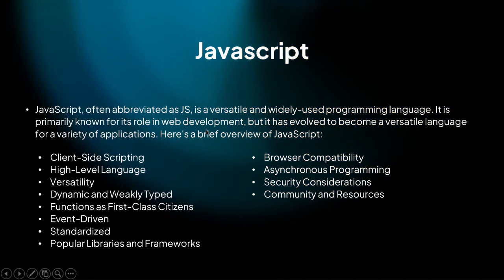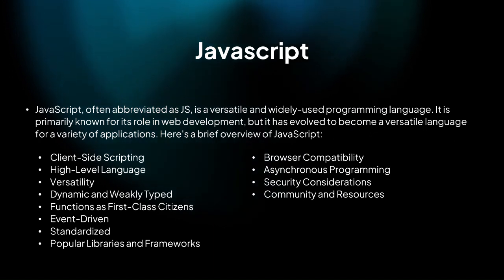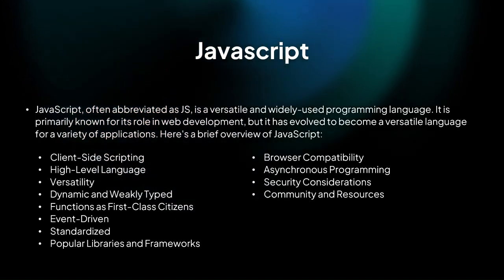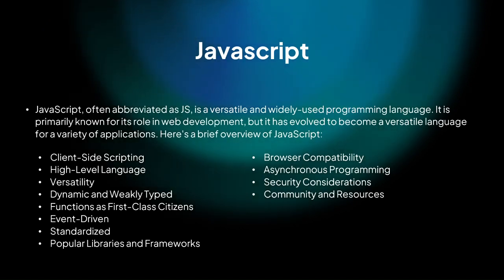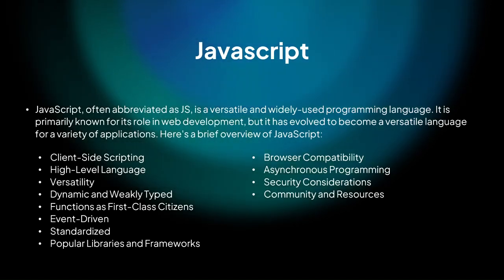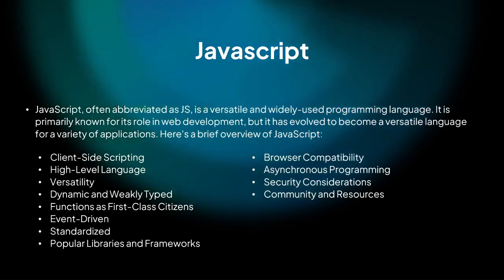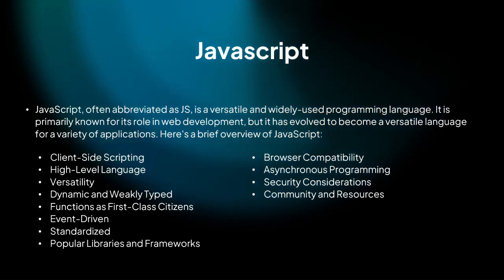JavaScript. JavaScript is often abbreviated as JS. It is basically used to write the core functionality, the logic of any given web page, and how its elements and components behave.